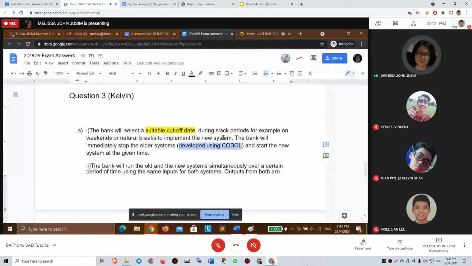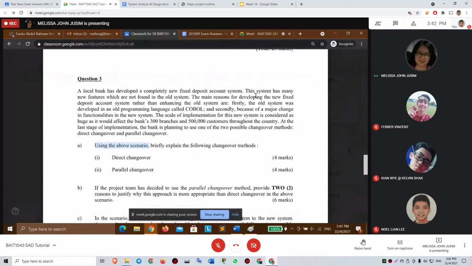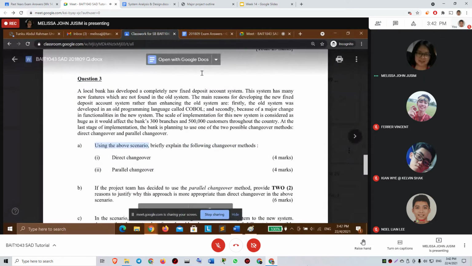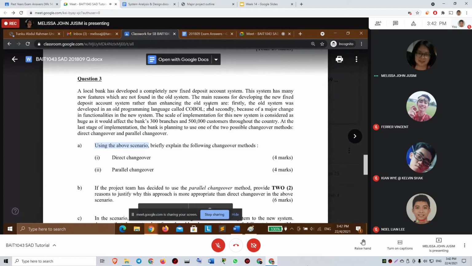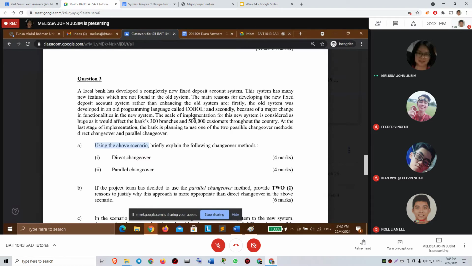Correct me if I make a mistake. And start the new system. What is the new system? The new fixed deposit account system. It doesn't mention the new system, right?